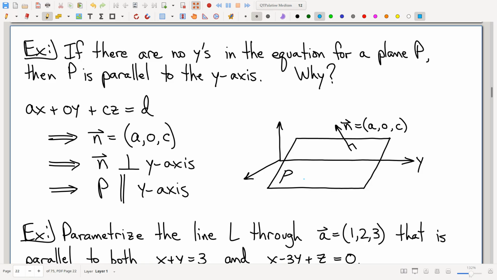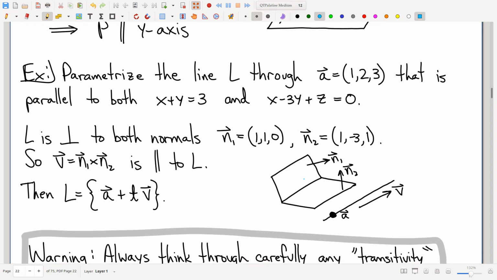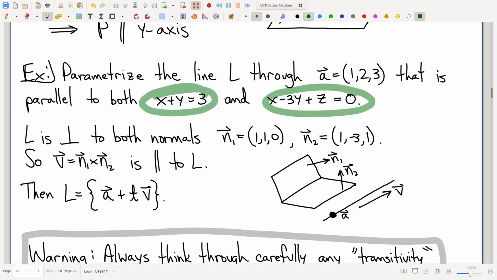All right, here's another one. So I'm given the equations of a couple of planes, and I want to parameterize the line that goes through a certain point and that's parallel to both of those planes. So, again, I'm given some algebra, and I want to find some algebra.